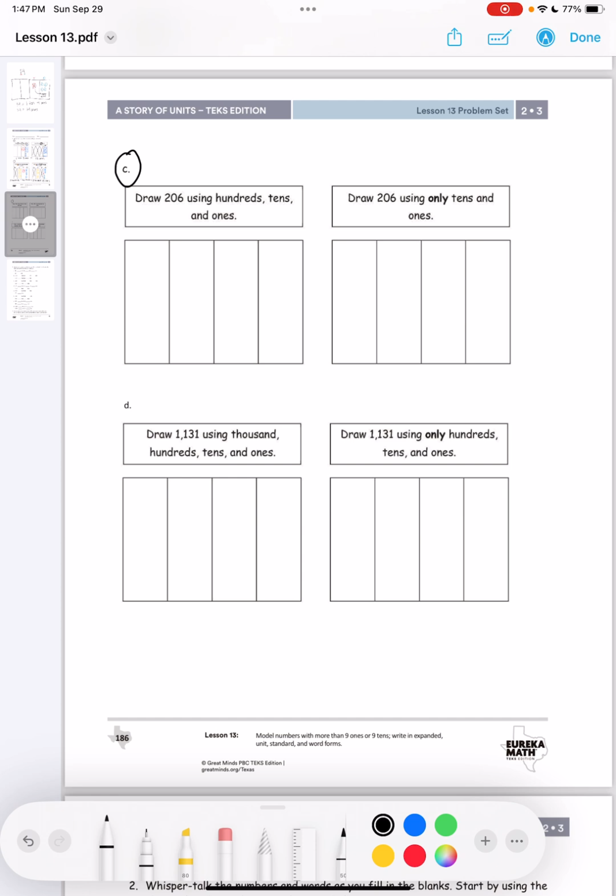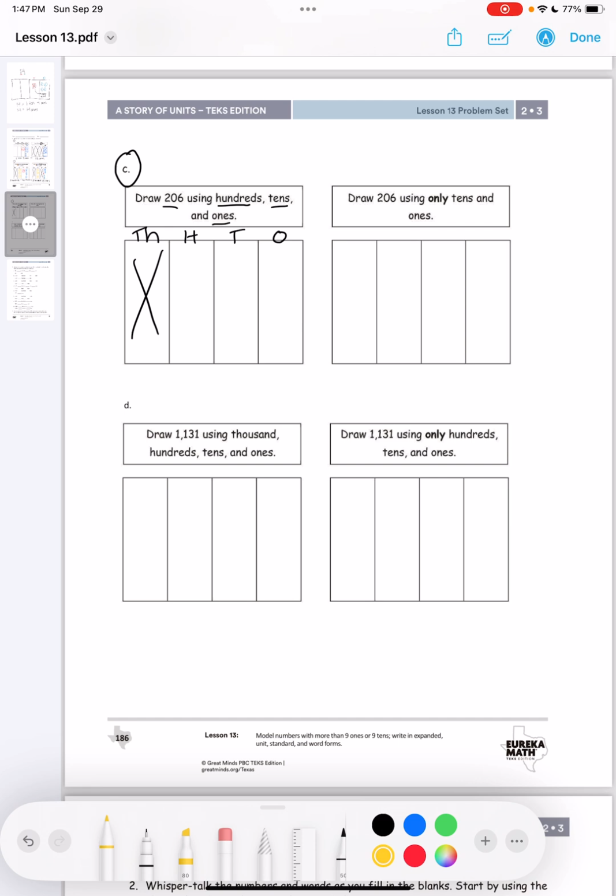So I'm going to start by labeling my place value chart, ones, tens, hundreds, thousands. It says to draw 206 using hundreds, tens, and ones. So I'm not going to use my thousands place. I'm going to use hundreds, tens, and ones. Start with my hundreds. I have 2 hundreds. So I'm going to put 2 hundred place value discs in my hundreds place.